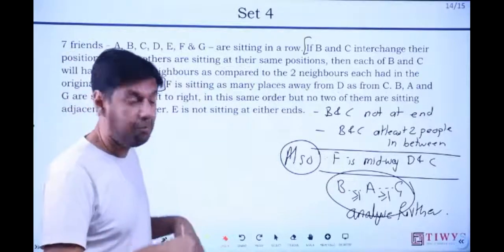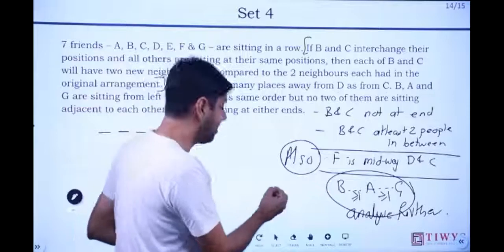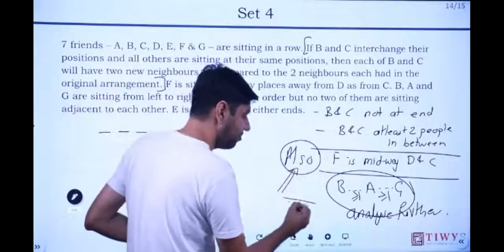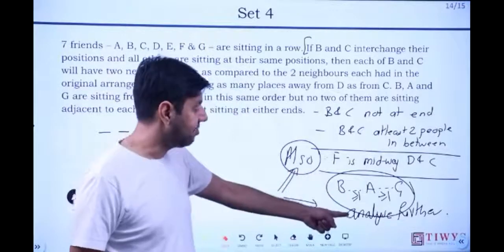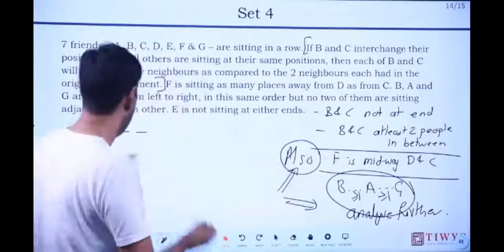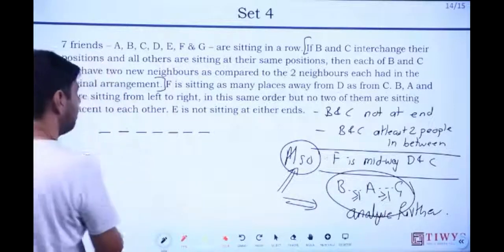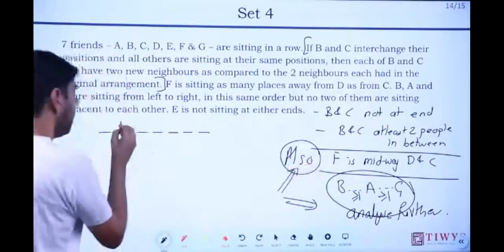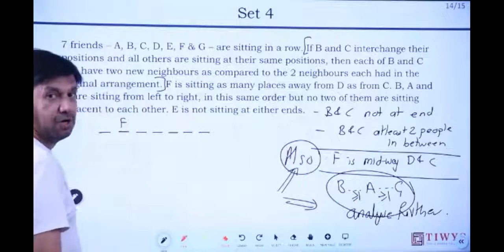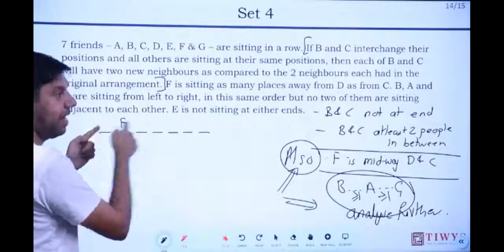But now look how the process goes. It will take more time, but if you are interested, students, you can start with analyzing this or this. 1, 2, 3, 4, 5, 6, 7. 7 people. F is midway. If F is here, do you know that C cannot be at an end?